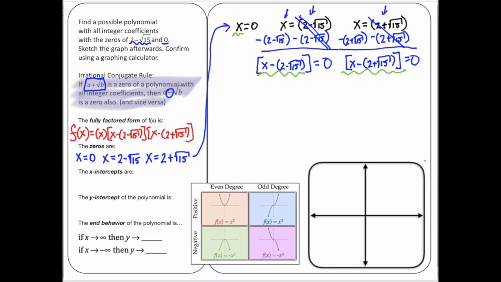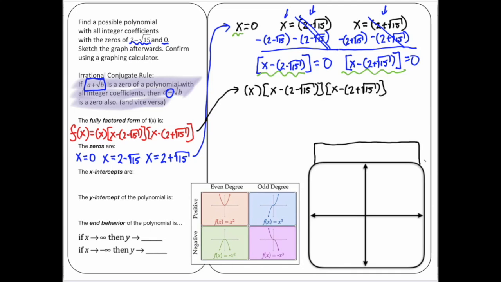Okay, and so what we're going to do is go a little bit out of order in here, because what I want to show you is how to multiply out the fully factored form to get it in standard form. It's a little bit tricky, okay? So let's start with all of the factors lined up, ready to be multiplied.